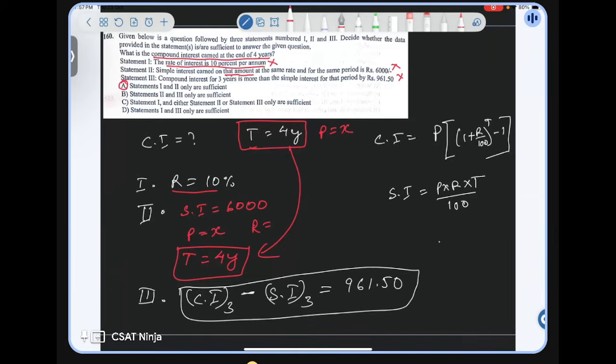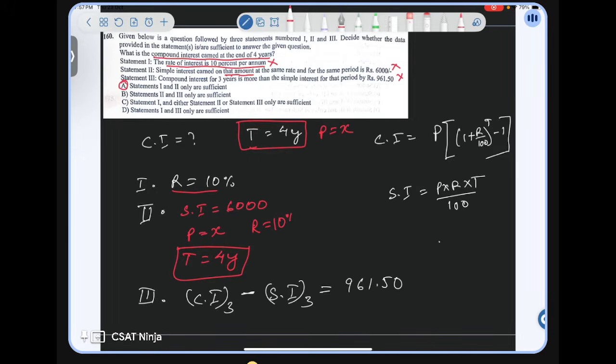So statement number 1 says the rate is 10%. So now I can put the rate as 10%. Now I'm combining statement number 1 and 2 together. If I combine these two, I have simple interest, I have rate of interest, and I have time here. So you look at this simple interest formula.